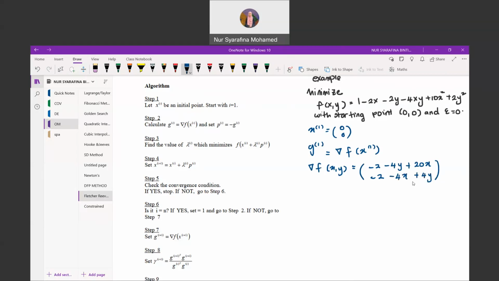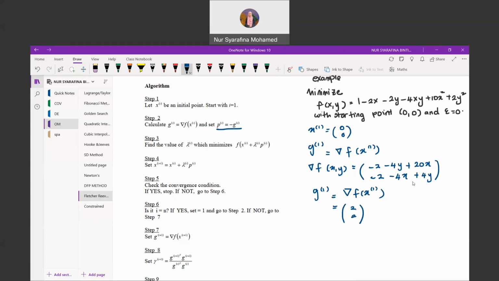So for g1, just substitute x1 here. Then we will have negative 2, negative 2. All right, so set Pi equals negative Gi.